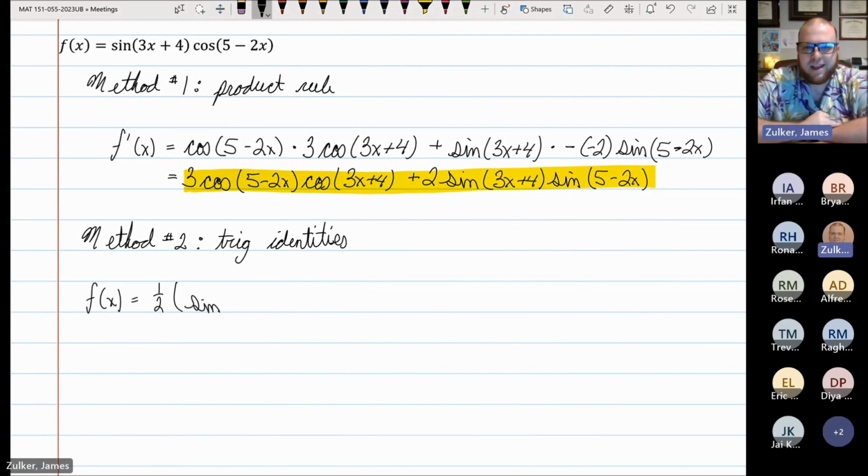All right, rewriting using trig identities: 1/2 times the quantity sine of their sum plus the sine of the difference.